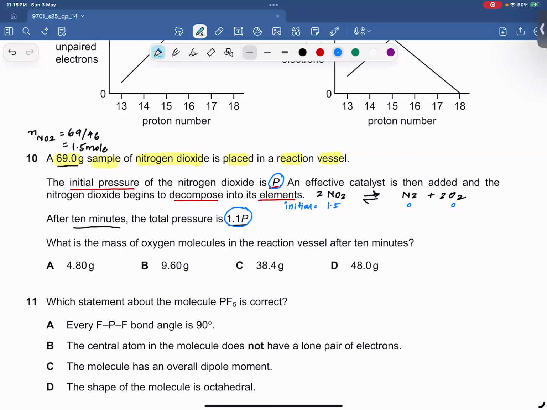It is 0. It is 0. Okay. Now let's suppose at equilibrium, because no equilibrium amount is given, let's suppose at equilibrium it is X, and because of the 1:2 ratio, it has to be 2X.